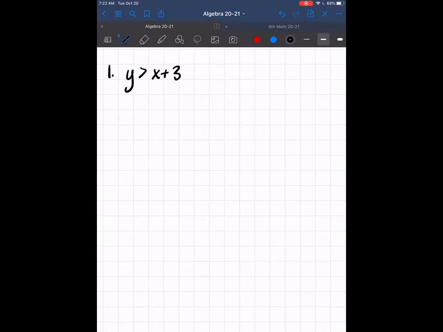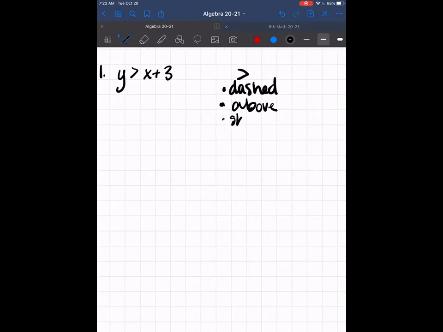So I know for a fact, looking at my table, the greater than sign tells me it's going to be dashed. And I'm going to need to shade above the line. This also means that my solution set is the shaded region, but not the line.